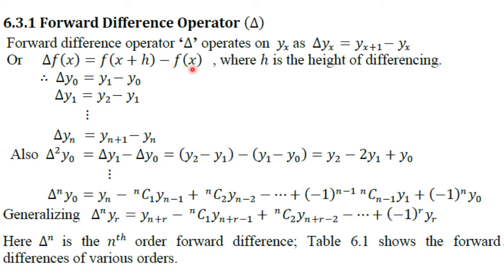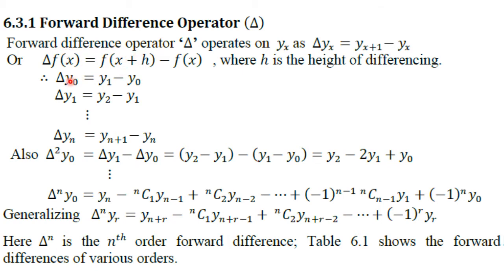And what is h here? H is the height of the differencing, or just the difference between the values of x. So let's say x naught is the first value, then the next value is x1, so x1 is equal to x naught plus h. So students, this is your first forward difference operator.